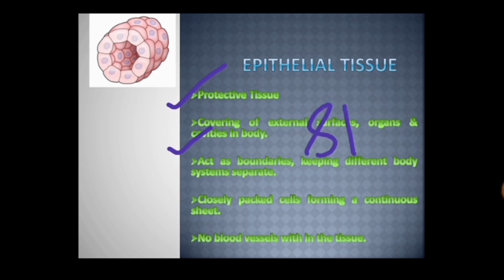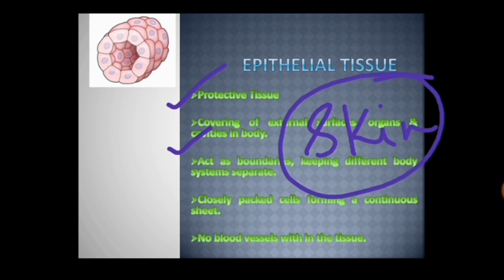It is skin, right? So the best and most common example which you can think of for the epithelial tissue is the skin. If we look at the skin, it covers the surface of all the organs inside our body. It also acts as the protection for everything which is present inside our body.